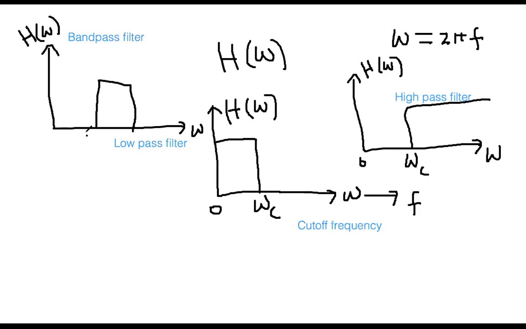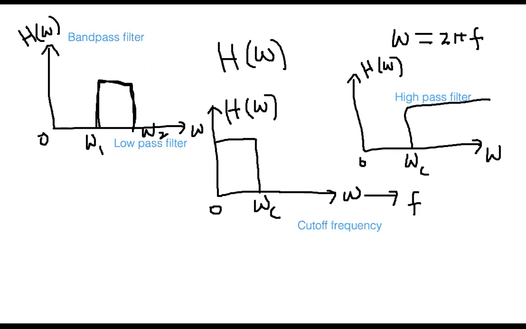You see, this is your omega 1, this point is your omega 2. It is not allowing anything between 0 and omega 1 frequency. Again, it is not allowing anything after omega 2 frequency, but it is just allowing a certain band, only this range of frequency. Accordingly, it is called the band pass filter.